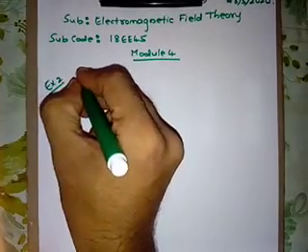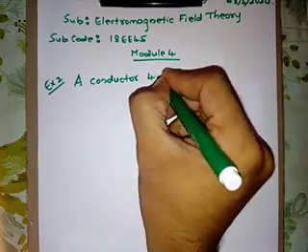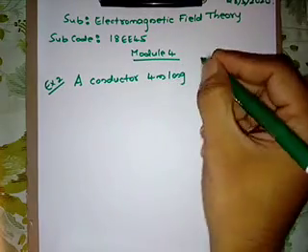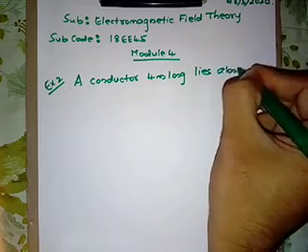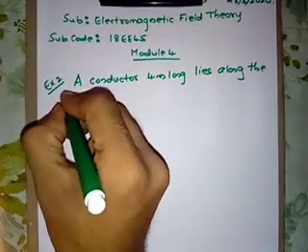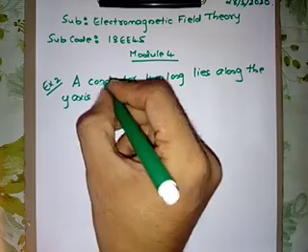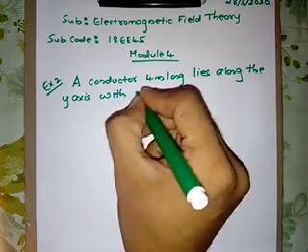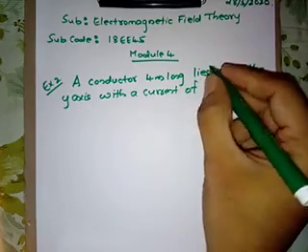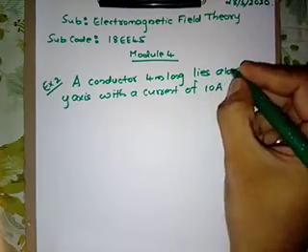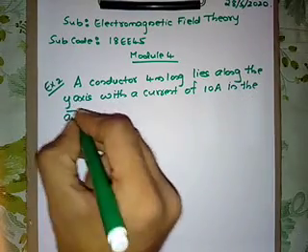A conductor 4 meter long lies along the y-axis with a current of 10 ampere in the AY bar direction.